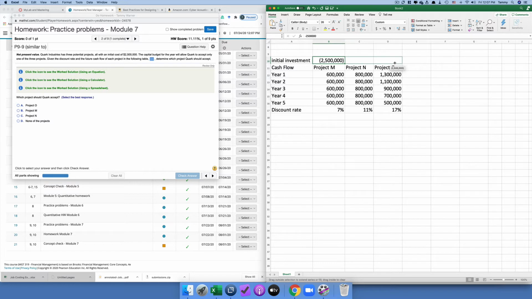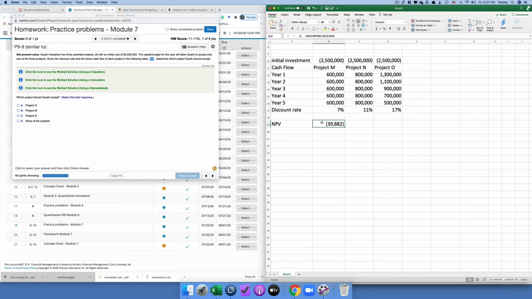So we can slide that across, and now all we need to do again is use that same net present value formulation where we take our initial investment given above and then add that, because it's a negative number already, the net present value of, and we'll pick this rate here, then we'll pick all these values.